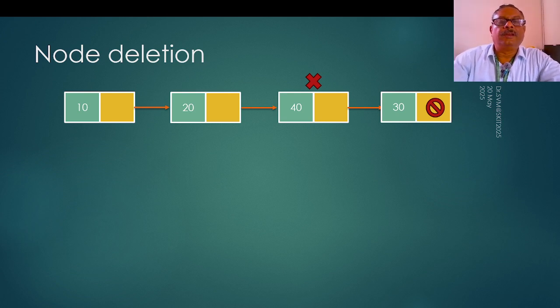So what we need to do is, if we are already at the node prior to this, then the direct thing we need to do is: whatever is the address of the next node of the one to be deleted, that address has to be just written here, and this connection automatically gets disconnected, and the memory allocated for this has to be freed.